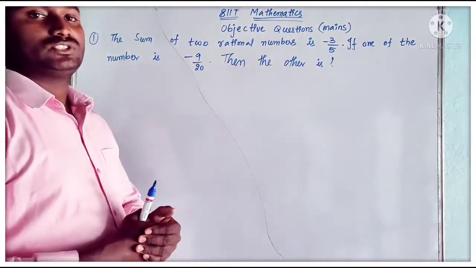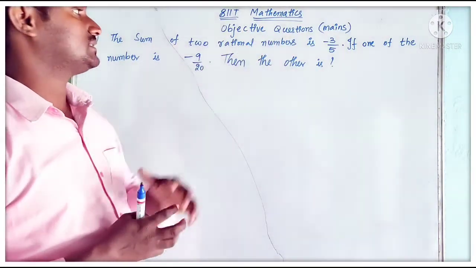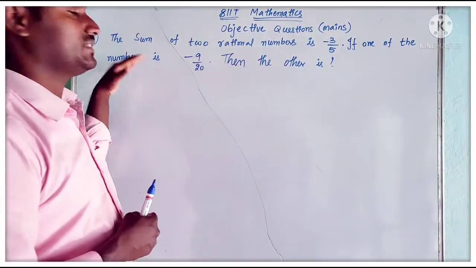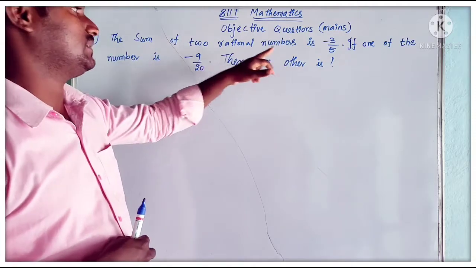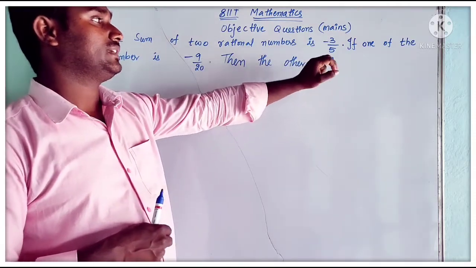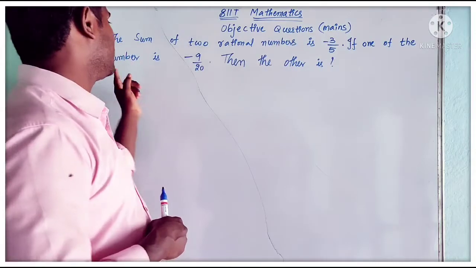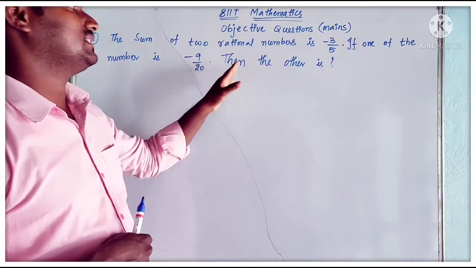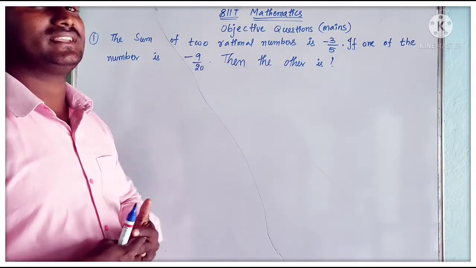Okay children, in the objective questions mains, in the first question we have the sum of two rational numbers is minus 3 by 5. If one of the numbers is minus 9 by 20, then find the other rational number.